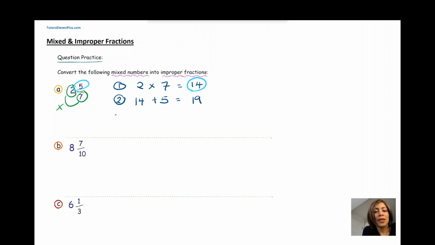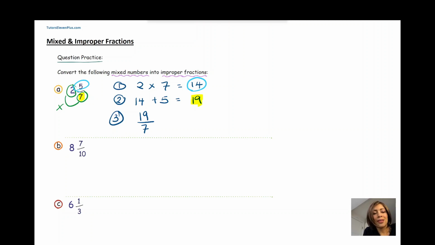And then finally, step 3, we place this 19 over the denominator. So we end up with 19 over 7, or 19/7, and that is our answer. Very quickly, we can check: 7 times 2 is 14, plus 5 gives us 19. So let's go on to question B.